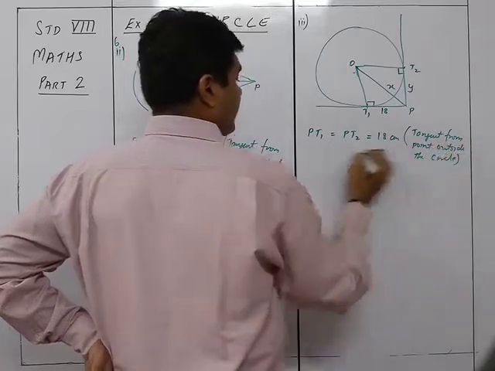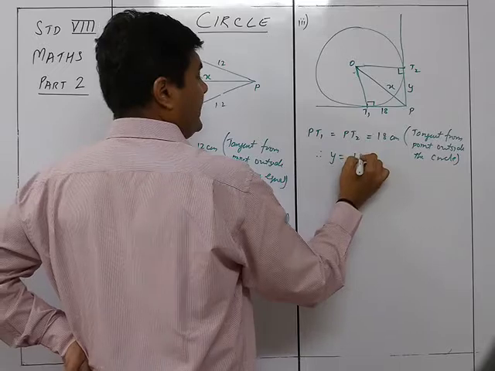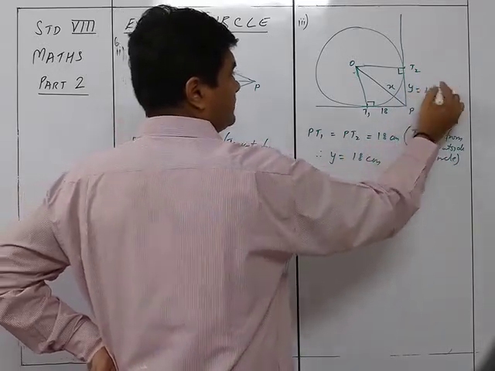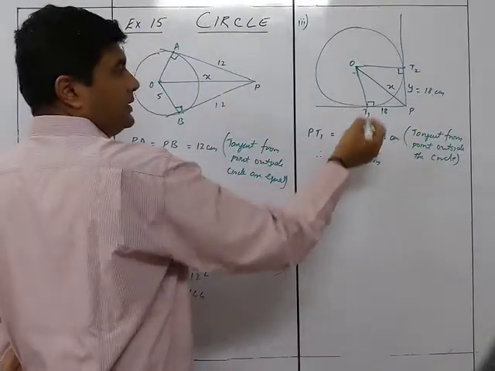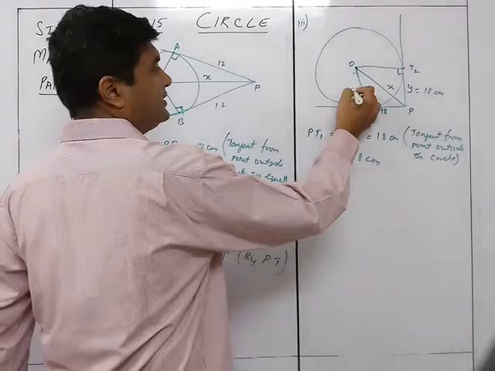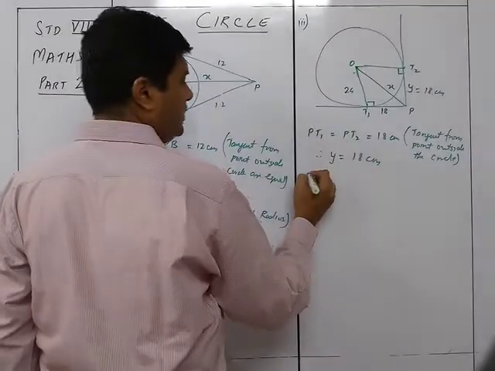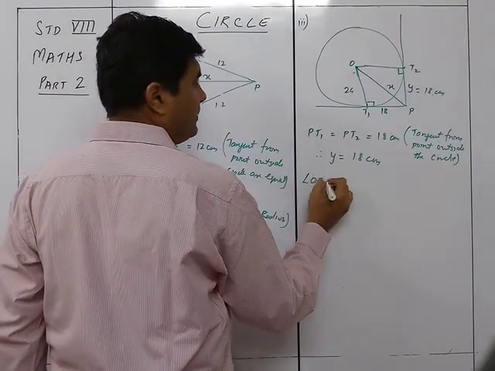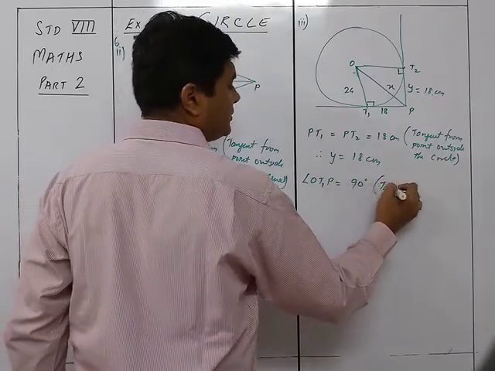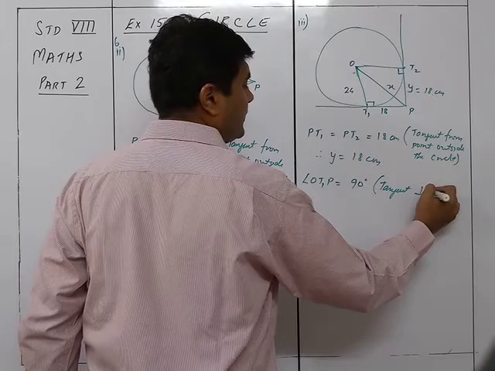Therefore, y is equal to 18 centimeters. Now it is given that the radius is 24. So we know angle OT1P is equal to 90 degrees because tangent is perpendicular to radius.